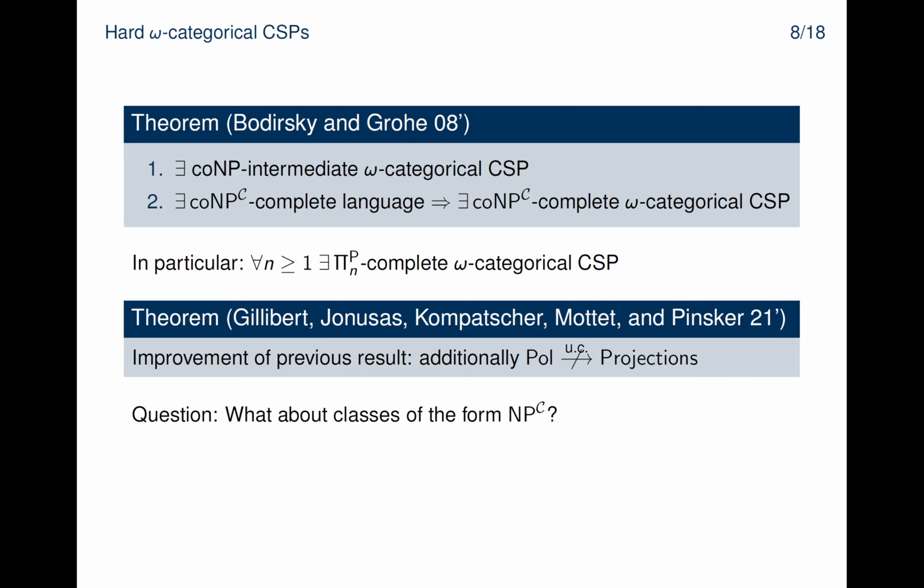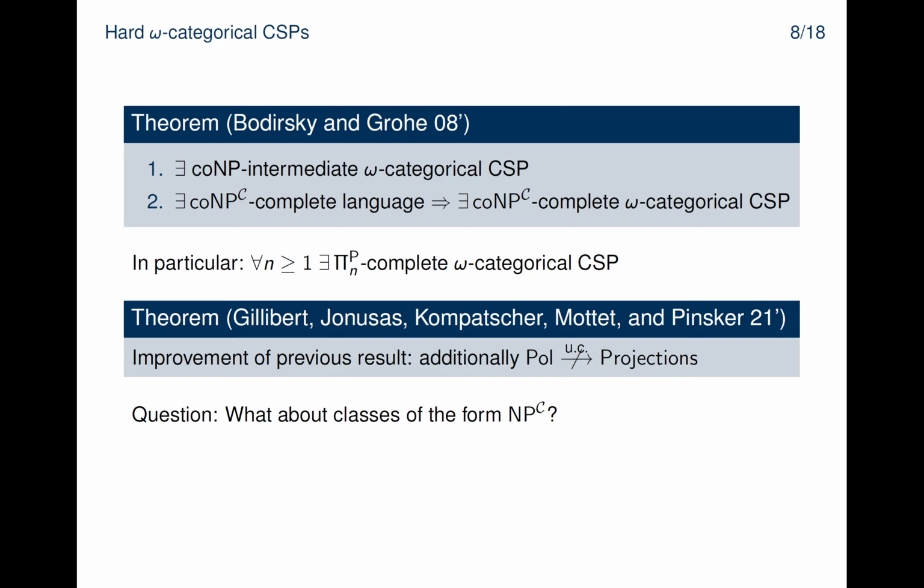Now, Santiago and I both found it a bit curious what is happening with the classes above NP. I'm talking about NP itself, but also, let's say, NP^co-NP. For sure, we would not want a result like this first item in Bodirsky-Grohe 2008 for NP, where we don't want to see an NP-intermediate omega-categorical CSP.